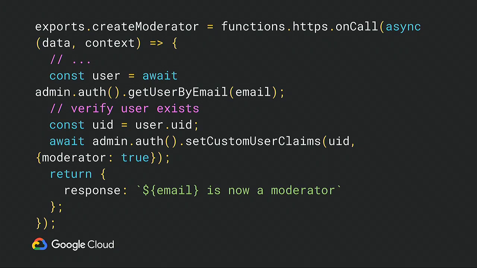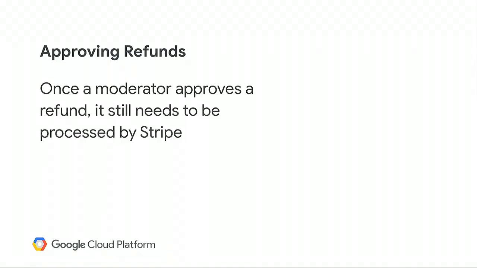And then we're going to return a response that the user is a moderator. So this is how we're making sure that only we can approve moderators, and only people with the moderator claim are going to be able to make refunds. So once a moderator approves the refund, it's still going to need to be processed by Stripe. So Susan's going to show you how to do that.